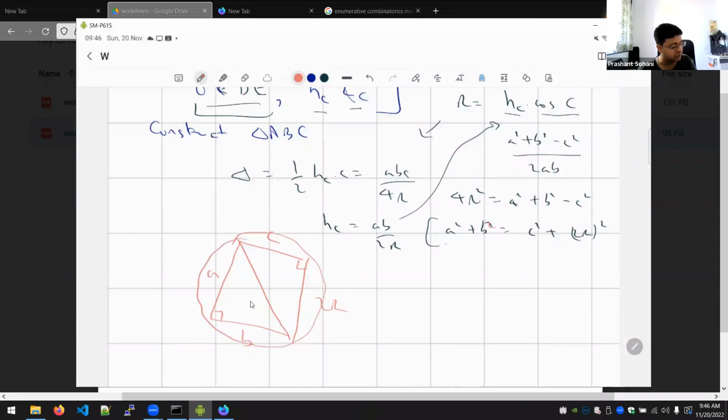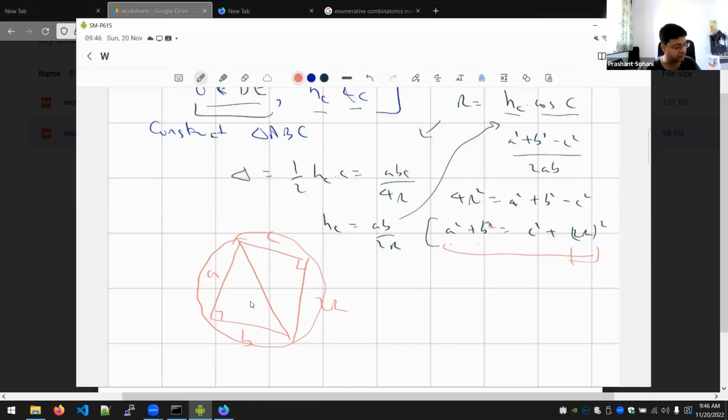This is a very good equation, a square plus b square equals c square plus 2R square. The only problem is that it looks like there are 4 independent variables, but we know for a fact that any triangle can be uniquely described by only 3 variables. So there is a 4th, kind of redundant variable, 2R square, which is coming here, but that can be useful in some context.